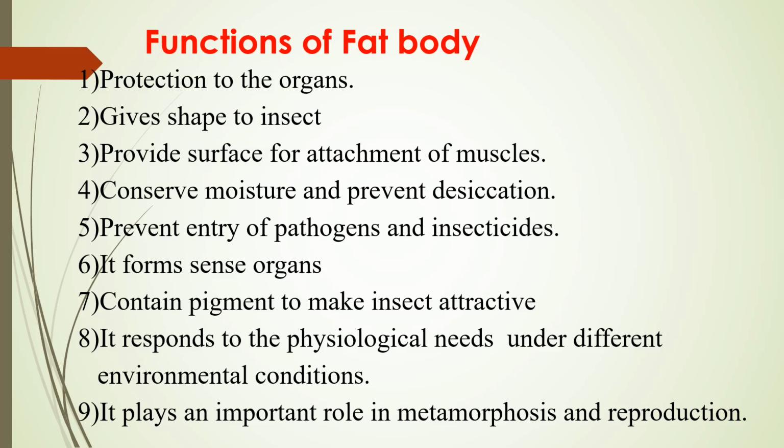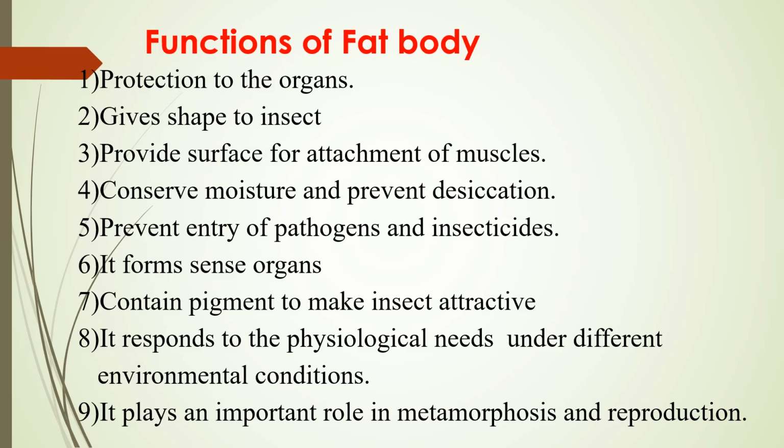Then it conserves moisture and prevents desiccation, because the outer part is also a hard, tanned part. It also prevents entry of pathogens as well as insecticides through the body wall, because these fat bodies are present below the body wall. It also forms sense organs, because some of the cells get modified to form sense organs.